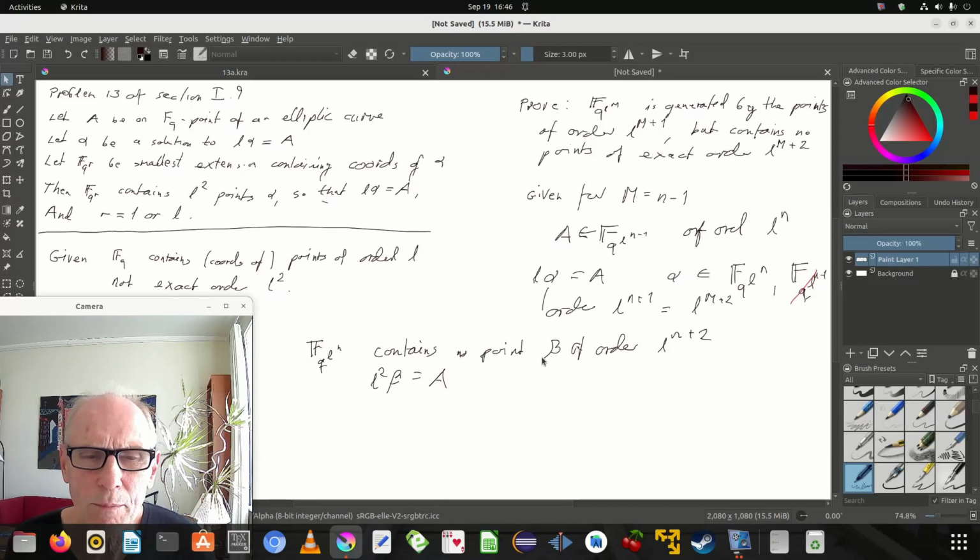And the Galois group will map them among each other. And the Galois group only contains L elements. Would that be a problem? I don't know how to prove this.